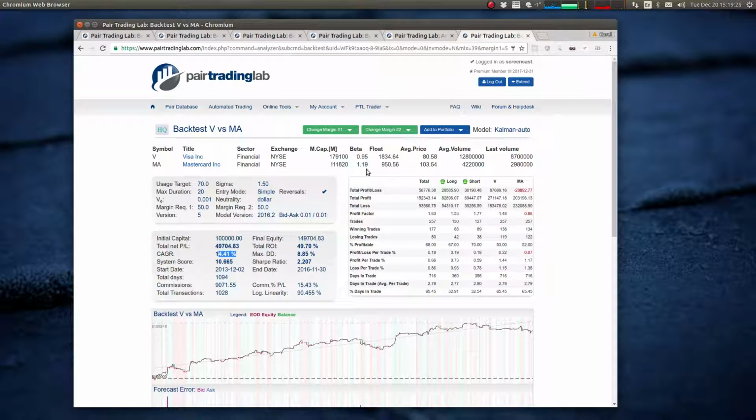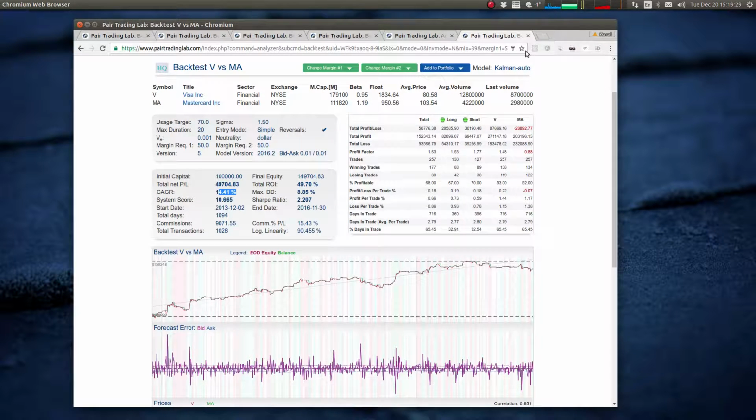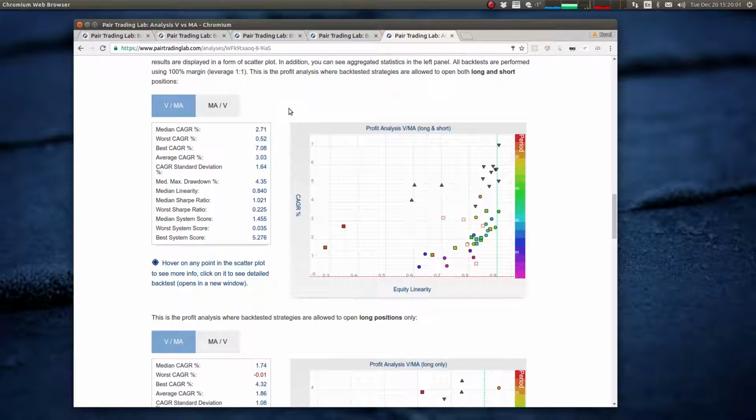So for Visa Mastercard, Kalman Auto model just performs the best. You can see it's almost twice as good as other models.